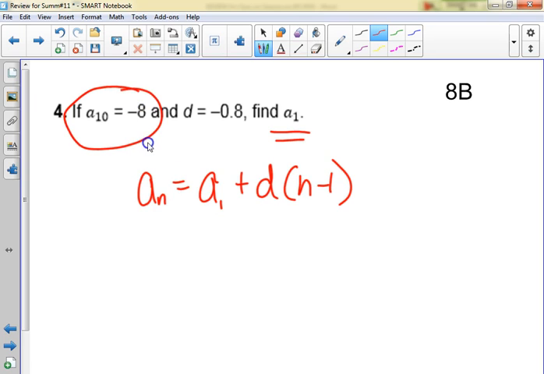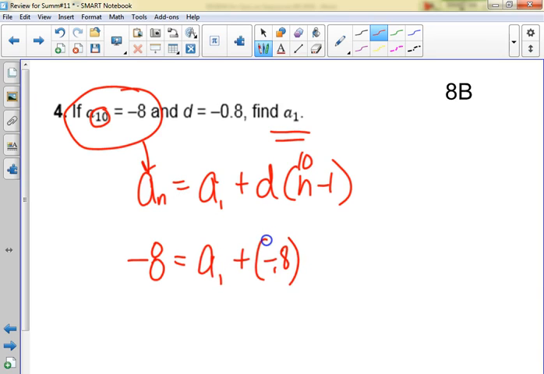This is the 10th term. That goes here, the -8, but it also means what? What's this 10 mean? 10th term, so that means this would be a 10 as well. So first term plus the difference, 10 minus 1 or 9 times.